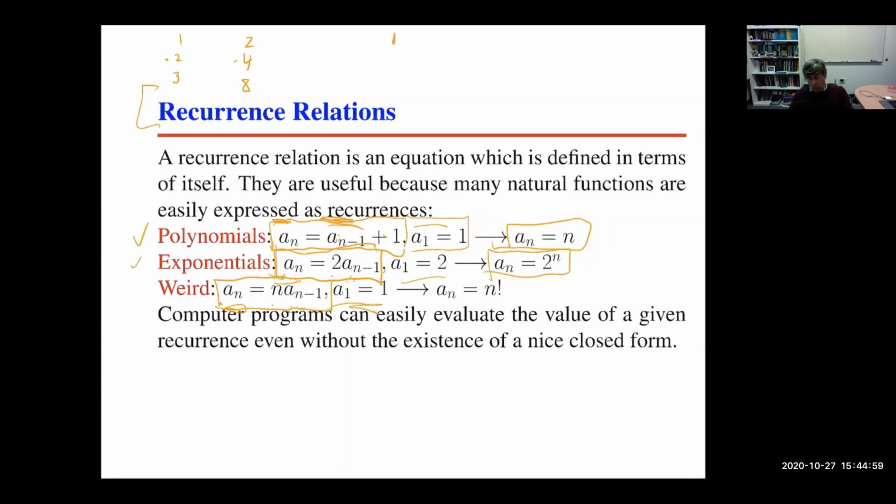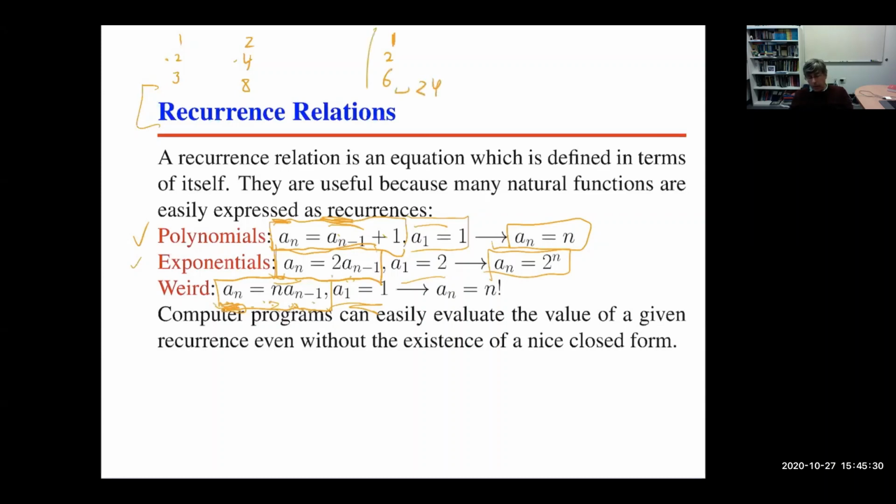A of 2 is going to be 2 times a of 1, which is 1, so that's going to be 2. A of 3 is going to be 3 times the previous value, which is 3 times 2, or 6. A of 4 is going to be 4 times a of 3, or it's 24.